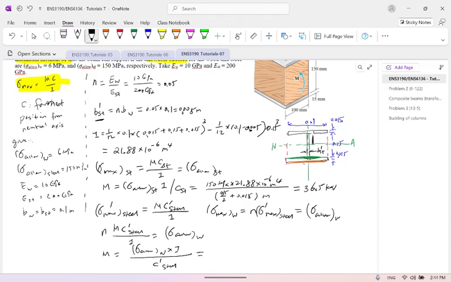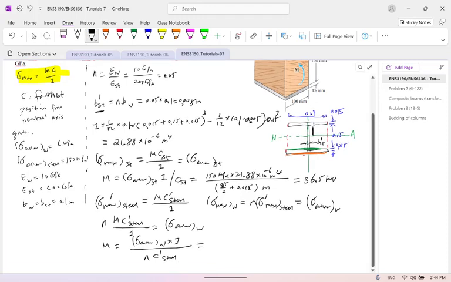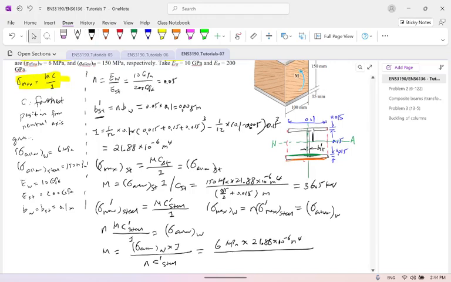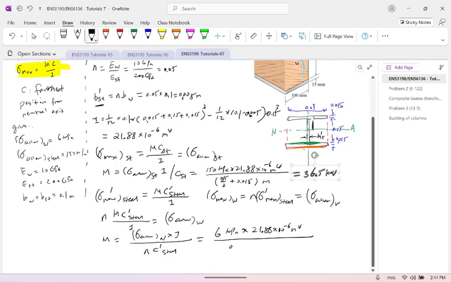So remember, this one will be different. Okay, we put it here. This is 60 megapascal times 21.88 times 10 to the -6 meter to the 4, over n. Don't forget n. n we just worked out is 0.05. I put the values here, times this value, because this one is for the not real steel, sorry, for the green color parts.